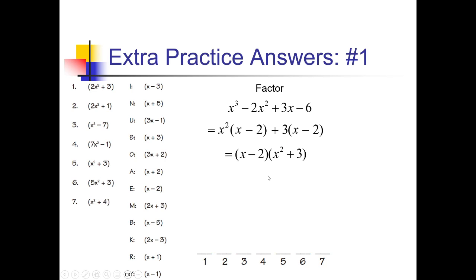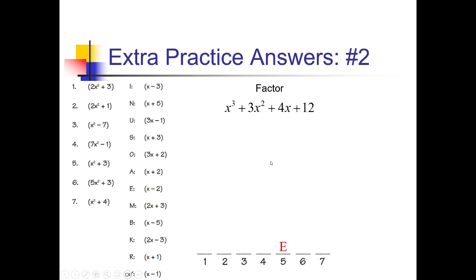So let me go ahead and find these now in my answer columns. So x minus 2, x minus 2. I don't see that until I get to this e right here. So we have an e, and then that means I have my x squared plus 3 over here. That's 5. So 5e then. Let me put that letter in there.